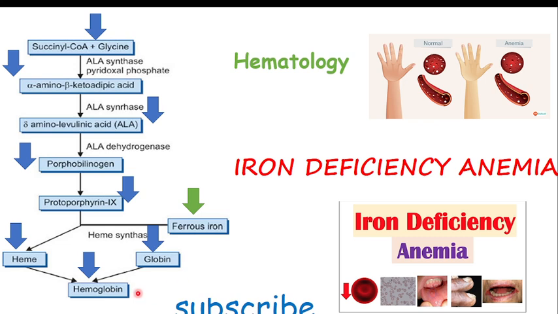If hemoglobin is formed in a normal way, red blood cells will carry oxygen well. But in deficiency of iron, maybe you are not eating enough, or maybe you have a chronic infection with anemia of chronic disease, where ferritin, the storage of iron, is not released easily so that you can make hemoglobin. That is the story of iron deficiency anemia.